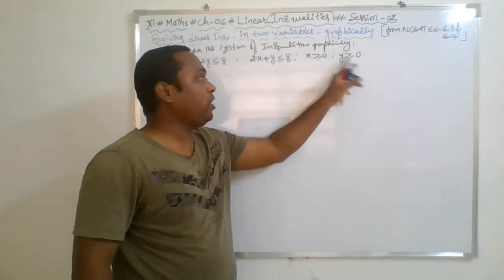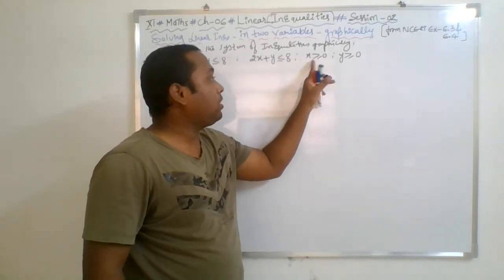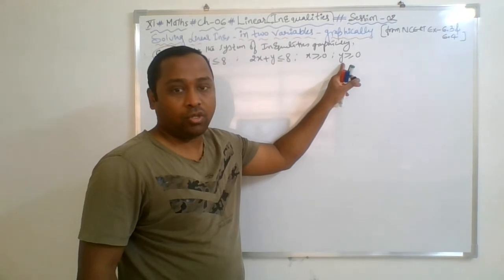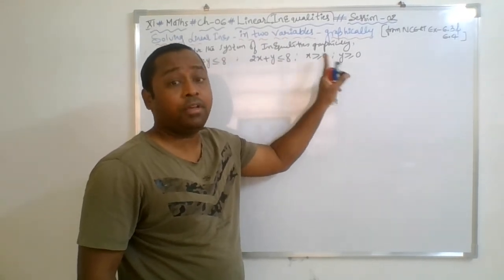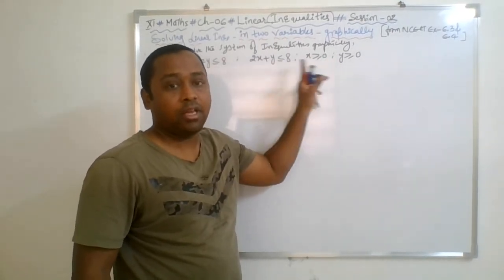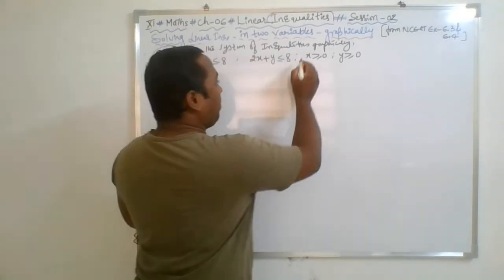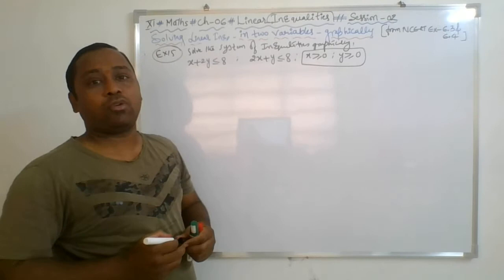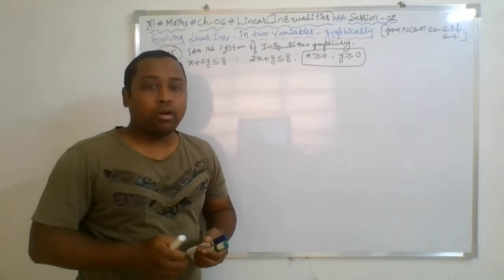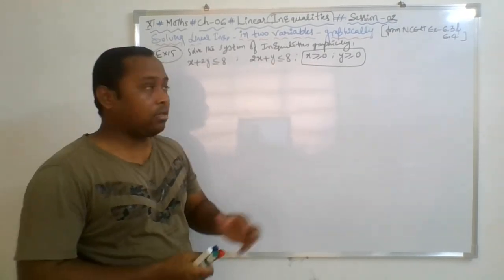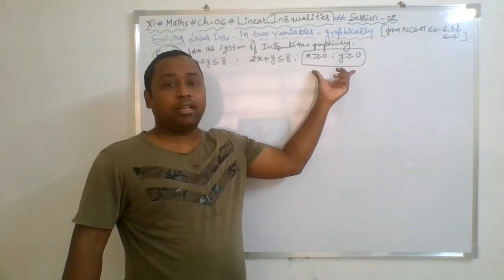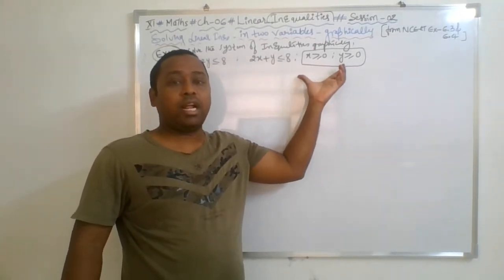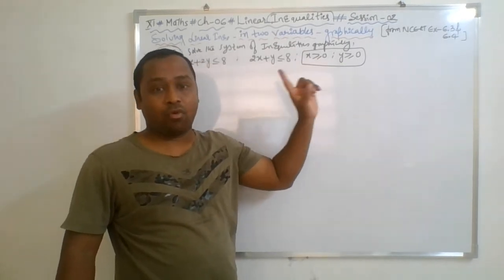Simply, no need to plot them, because they are saying that x and y are greater than or equal to 0, means x is positive, y is positive, means whatever be the solution region you are going to shade, we only consider the region where x and y are positive, means they are dealing with only the first quadrant.